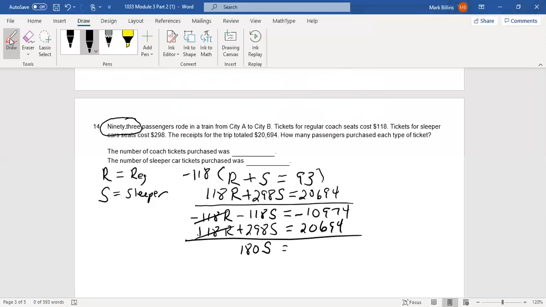And that gives me 9720. Then I'm going to divide that by 180 because we're solving for just S. So the number of sleeper car passengers would be 54.